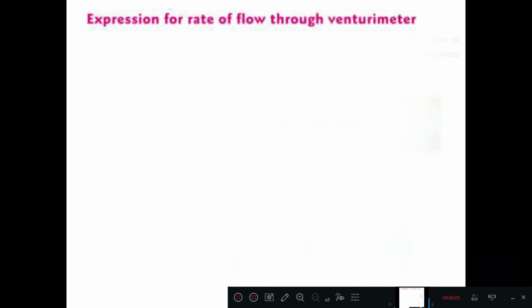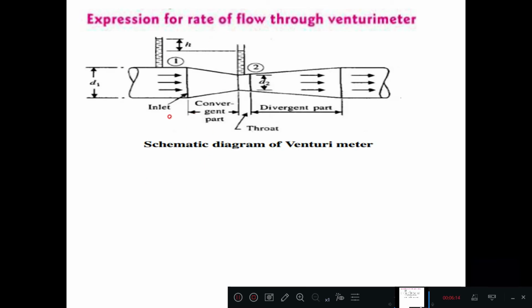Next, the expression for the rate of flow through a venturimeter. If we want to derive an equation for a venturimeter, this is the schematic diagram of a venturimeter.